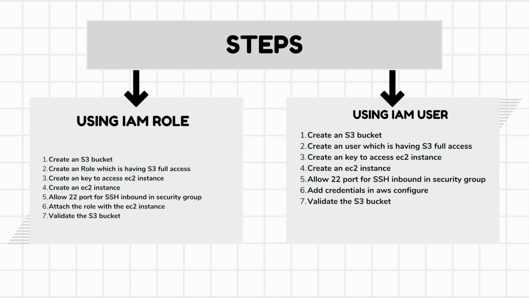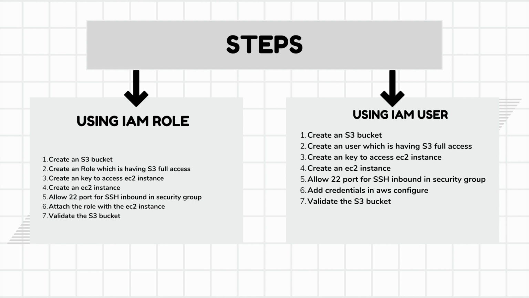Before we proceed further, let's discuss the different ways we have to connect with the S3 bucket. In the very first scenario, we will create an IAM role and attach that IAM role to the EC2 instance, and the EC2 instance itself will be able to access the S3 bucket because we have directly given permission to the EC2 instance.